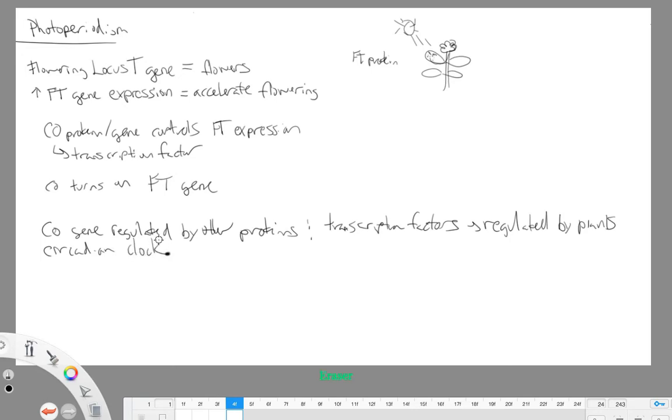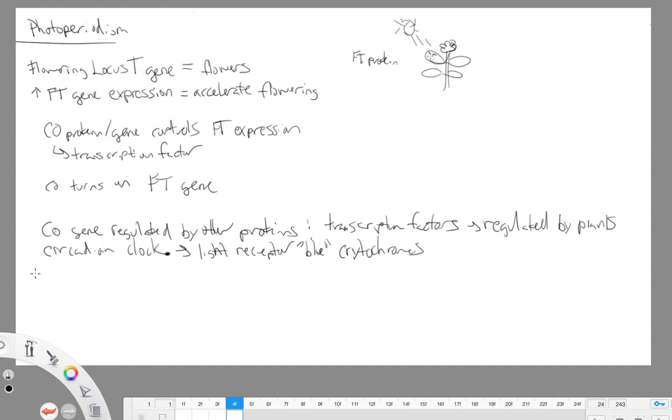And what keeps that plant's circadian clock are different light receptors. Just like our phytochrome pigment system or the phototropin, there are light receptors, primarily blue light receptors, that maintain this circadian clock in our plants. And some of them are called cryptochromes.